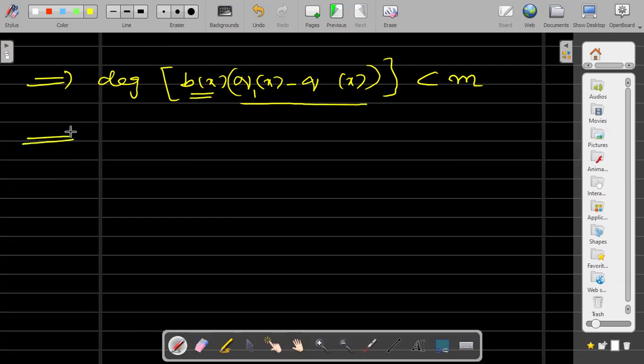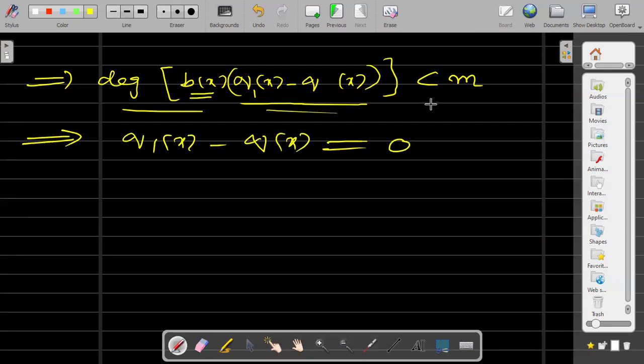This gives q1(x) minus q(x) must be equal to 0. Otherwise, if this is not 0, then the degree will be degree of b(x), m, plus some non-negative integer, which is less than m, which is not possible. So otherwise m would be less than m, a contradiction.